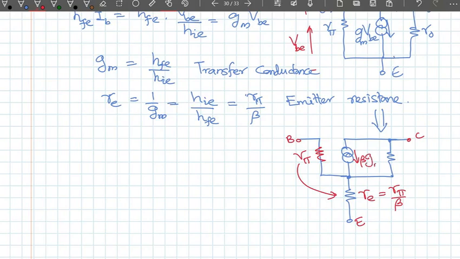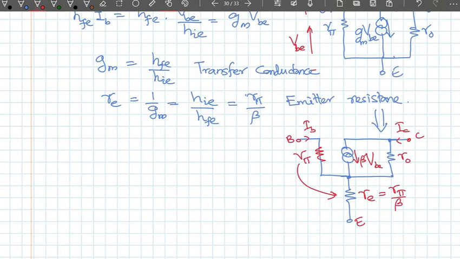So if we are using beta, it should be beta times IB. If not, we have to use GM times VBE. We have IC, IB and IE.